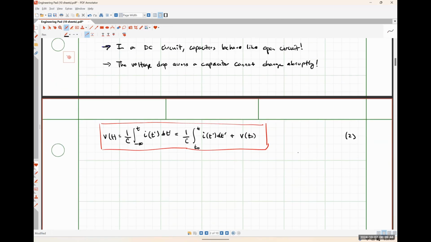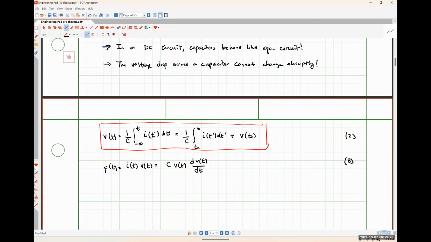What do you guys think our power relationship is going to be? So always current times voltage. So if we take our first relationship for current as a function of voltage and substitute it into here, we wind up getting C times V times the derivative of the voltage with respect to time.